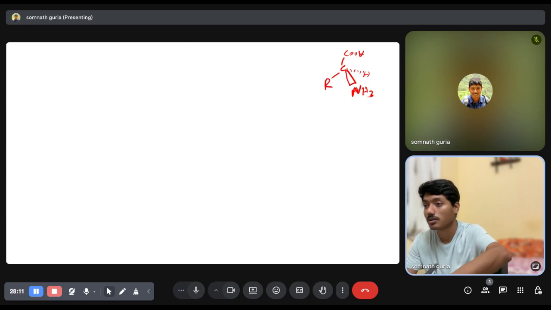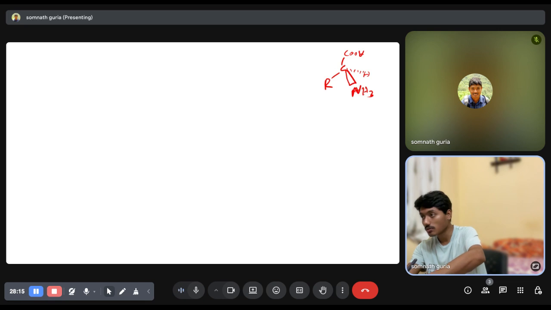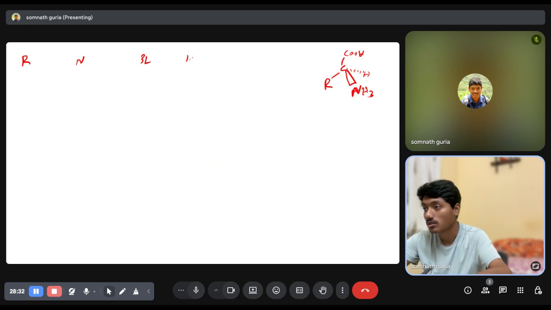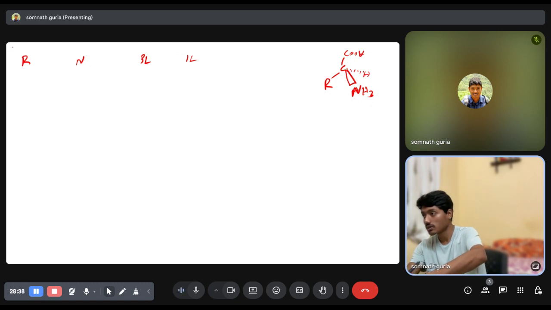Based on the R group, we name the molecule: name, three letter, one letter. So this will be the aromatic.